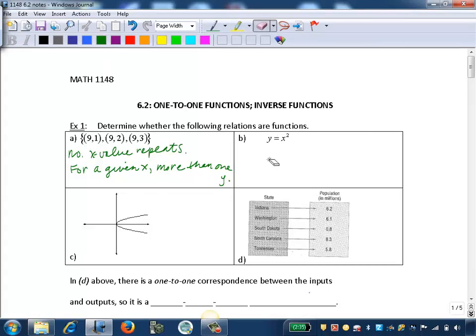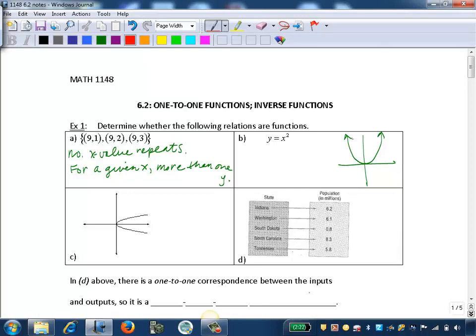Okay, part B. We're given an equation, y equals x squared. So we know this is one of our parent functions. We're very familiar with this shape. We know it's a parabola opening up with its vertex at the origin. So remember, if you have the graph of a relation, you can determine whether it's a function using the vertical line test.